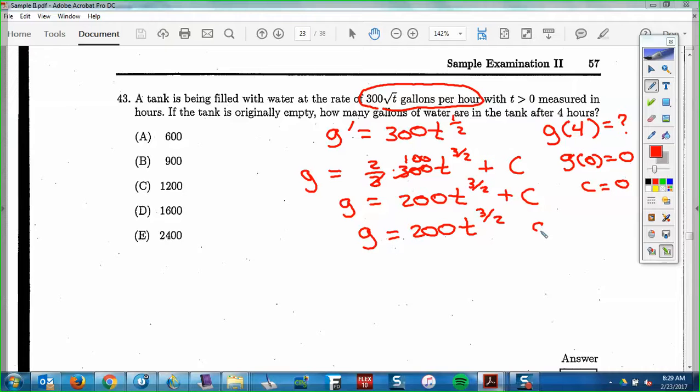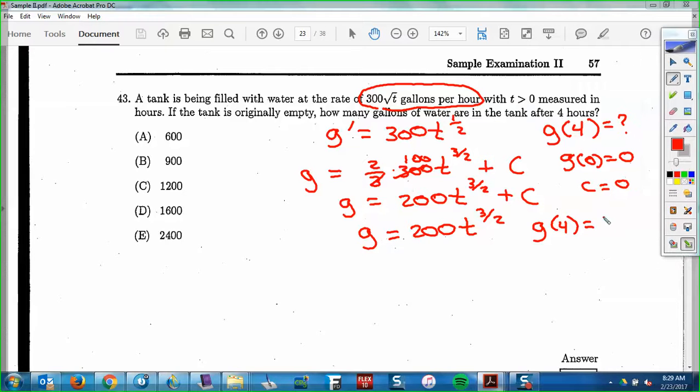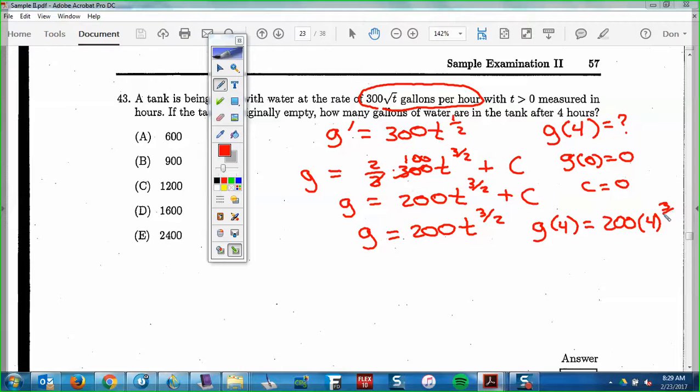So what's G of 4? 200 times 4 to the 3/2. The square root of 4 is 2, 2 cubed is 8, 8 times 200 is 1,600 gallons.